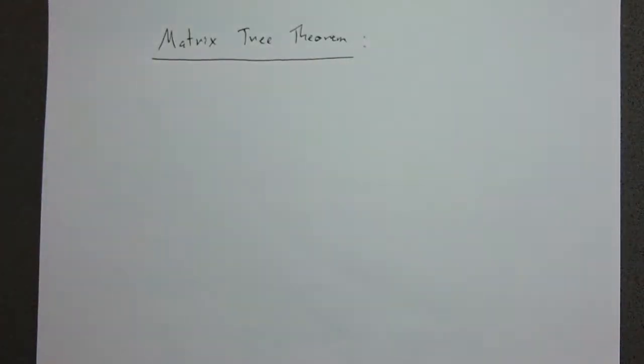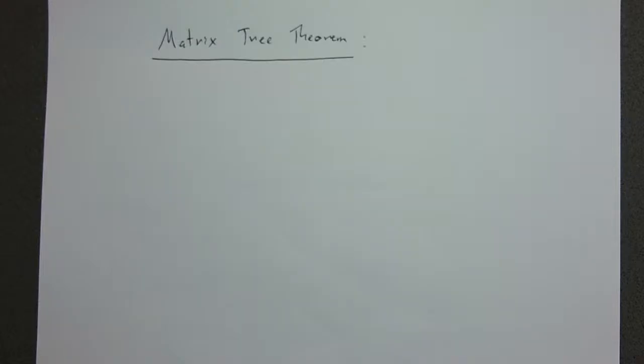What does the Matrix Tree Theorem say? If you could think of Cayley's theorem as basically giving you a count on the number of spanning trees of complete labeled graphs, the Matrix Tree Theorem applies to labeled graphs in general. Cayley's theorem was about the spanning trees for a graph.